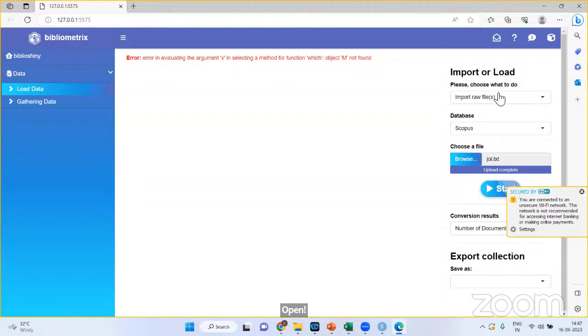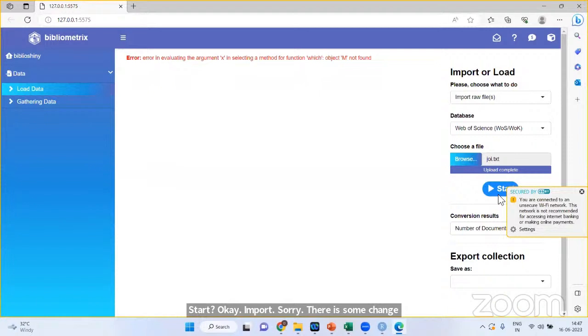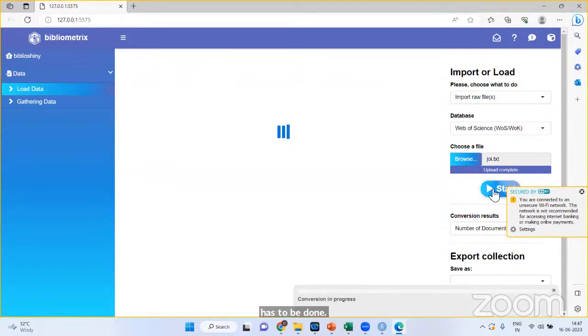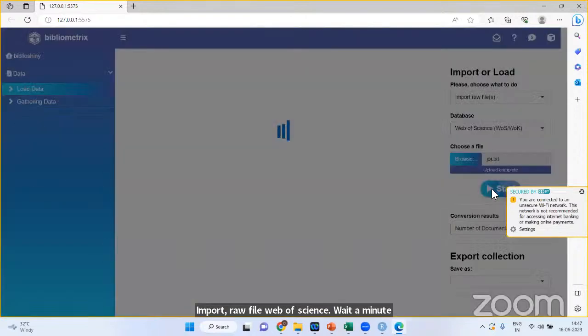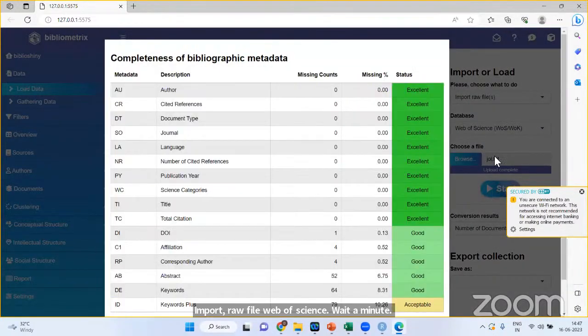Okay, sorry, there is some change which is to be done. Import raw file, Web of Science. Wait a minute. Okay, see this. You activate import raw file, Web of Science, browse the file, and you will get the complete report card of your data.